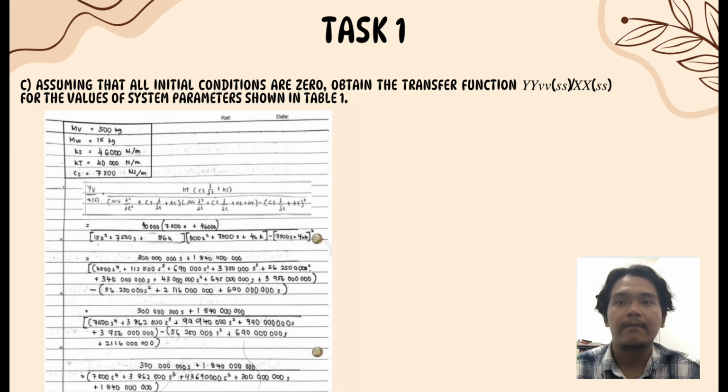After that we solve the equation until we get the final value of the transfer function, which is 300 million S plus 1840 million divided by 7500 S power of 4 minus 3,862,500 S power of 3 plus 43,690,000 S power of 2 plus 300 million S plus 1,840 million.